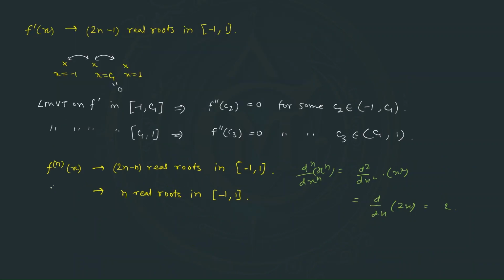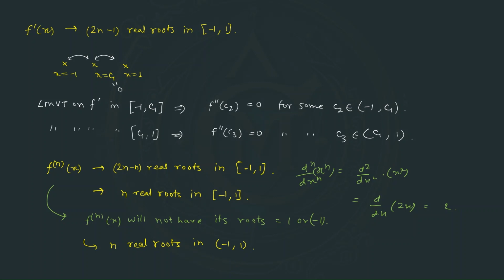So we can say by observing the patterns that fn of x will not have its roots equal to 1 or minus 1. So there are n real roots in the open interval minus 1 to 1.